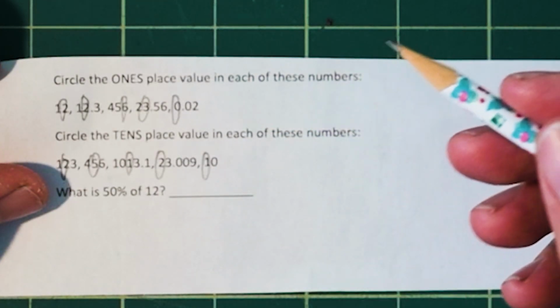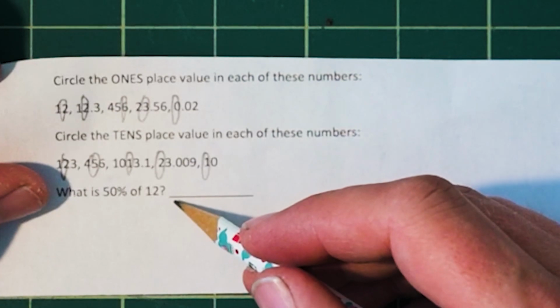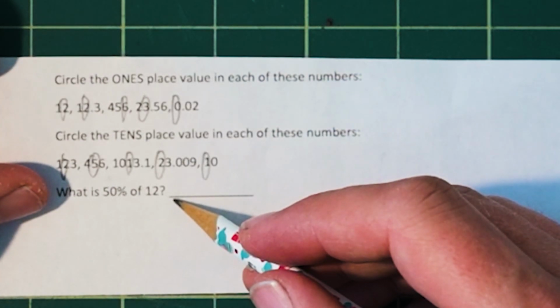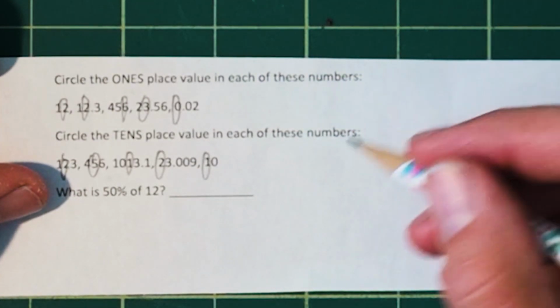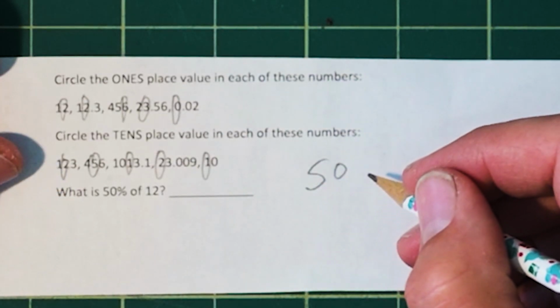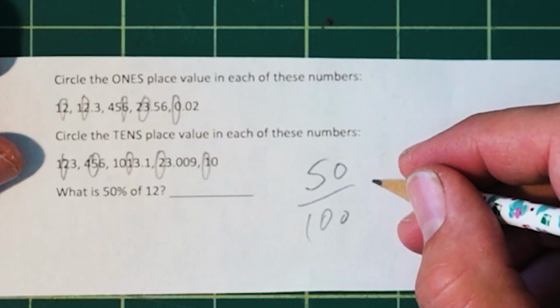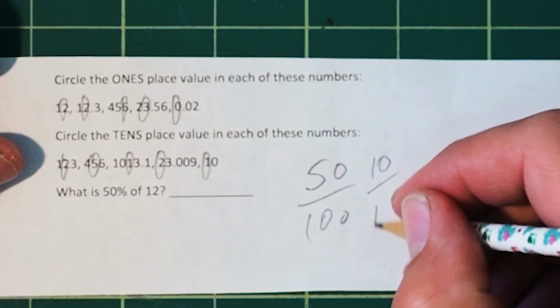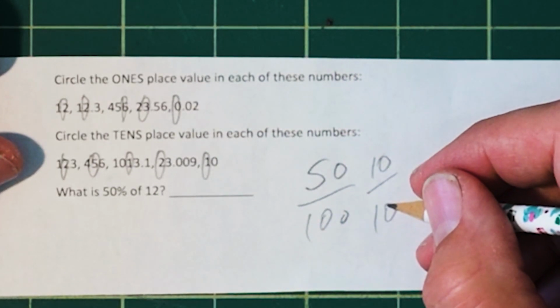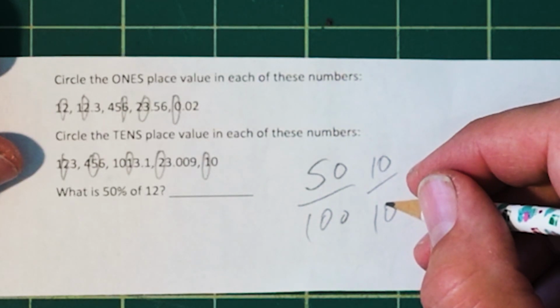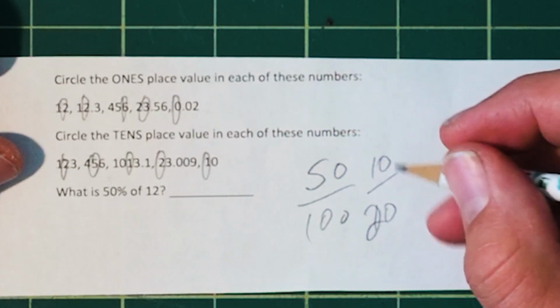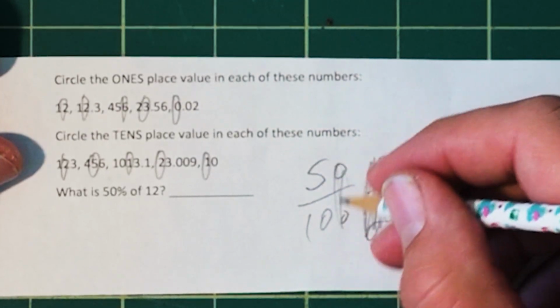Well, 50% of 20, 50% of 12, come on now. Well, the first thing we need to do is take this 50% and change it into a decimal. So 50% is going to be 50 over 100. This can be reduced here, so this could be 10 over 10. 10 over 10, what am I doing? This would be 10 over 20. Hold on a second. Let's get this right here. Let's reduce it a different way.